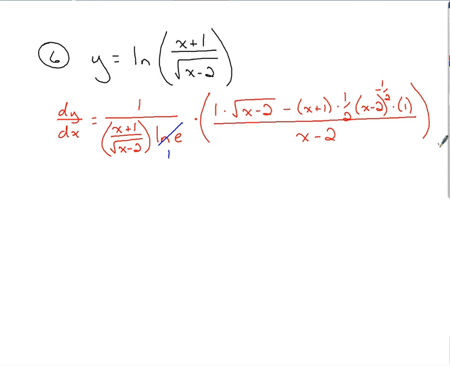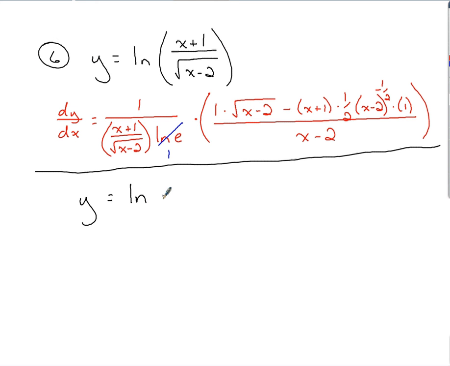Believe it or not, especially since we're leaving this in an unsimplified form, that's an acceptable answer. But let me show you another take on this same problem. See, if I know my laws here for logarithms, I could take this same function. Since I have a quotient here, I've got this a over b form, I could rewrite it as the natural log of that top piece, x plus 1, minus the natural log of that bottom piece.